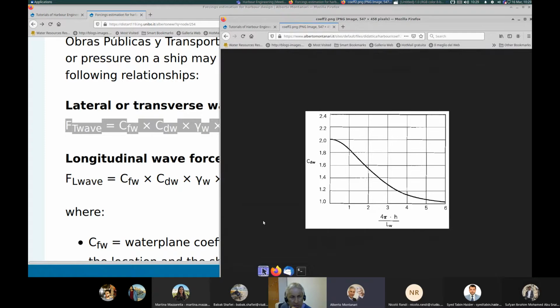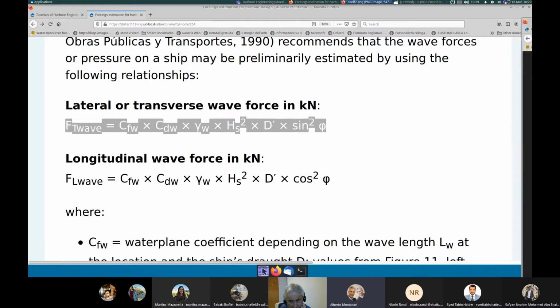So what you see is CW on the vertical axis, varying from 1 to 2. And on the horizontal axis, you have the ratio 4 pi times h, the water depth at location, divided by LW, which is the wavelength. Very good. So these two abacus allow you to estimate these two coefficients.